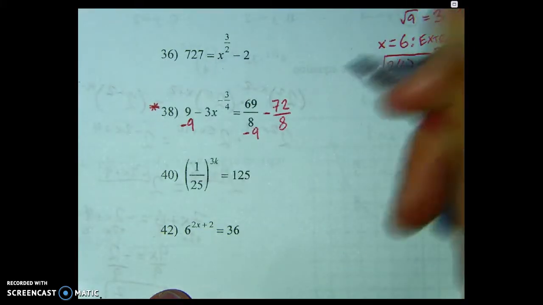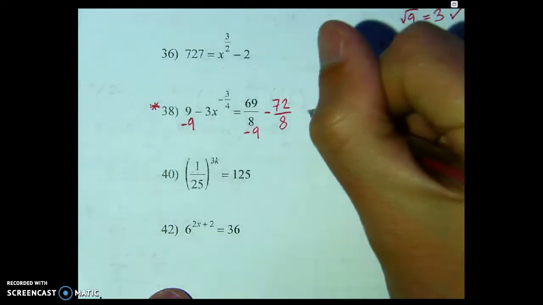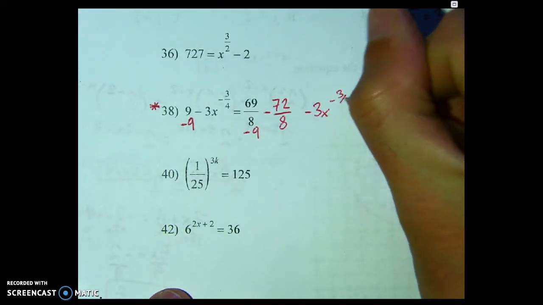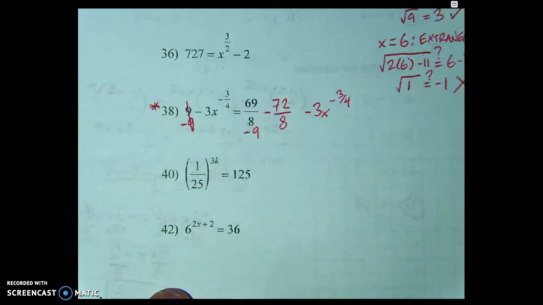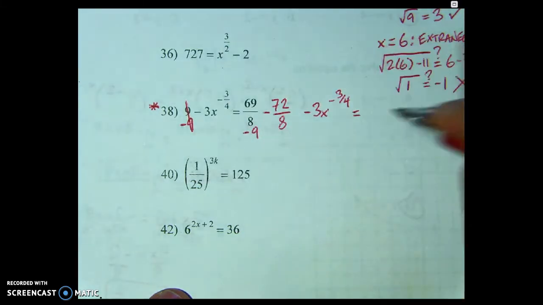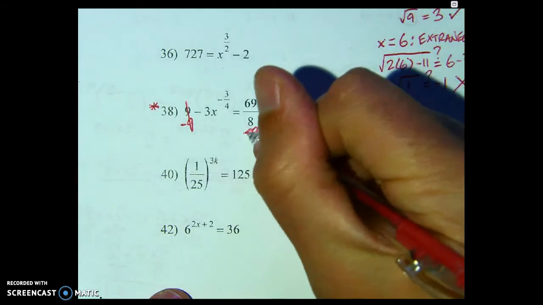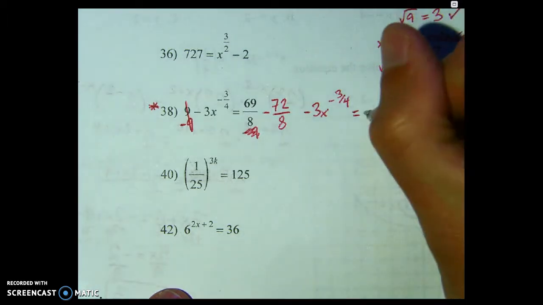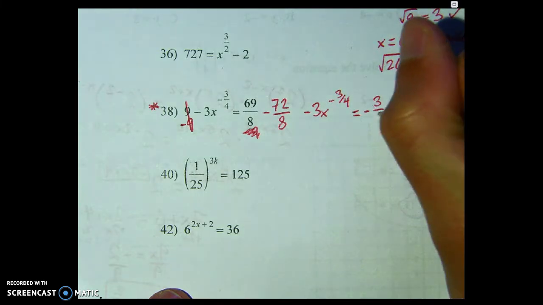So what we're left with then is negative 3 times x to the negative 3/4 on the left, that's going to go away, is equal to 69/8 minus 72/8. Remember, that's just 69/8 minus 9. 69 minus 72 is negative 3. So really, we get negative 3/8.